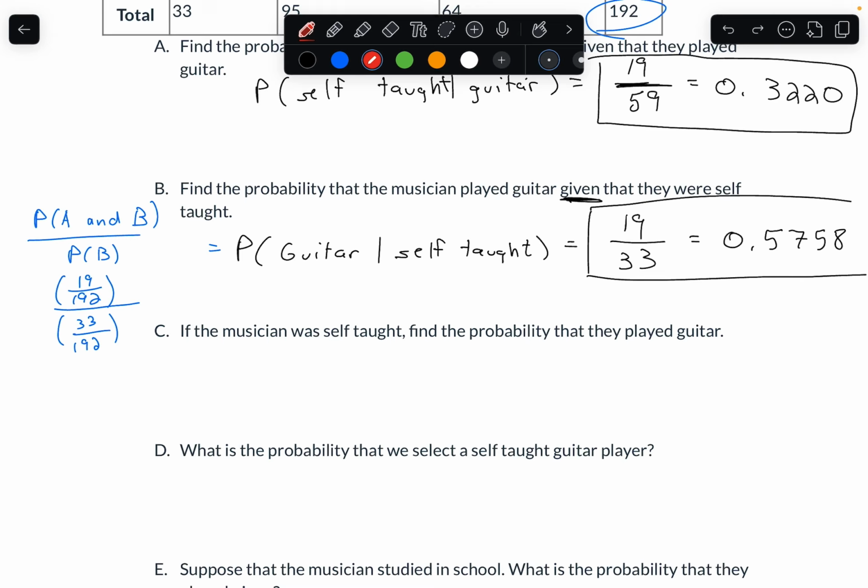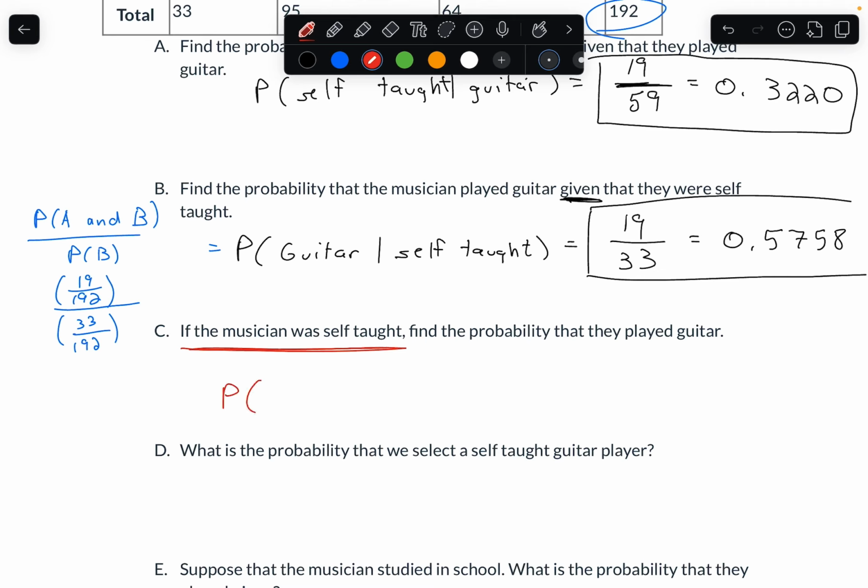So what I want to think about is, what do I know about this individual? Do I know the individual is self-taught, or do I know that the individual played guitar? This says if the musician was self-taught. So that means if they are self-taught. I know that I am talking about a self-taught person, which means that is my given.